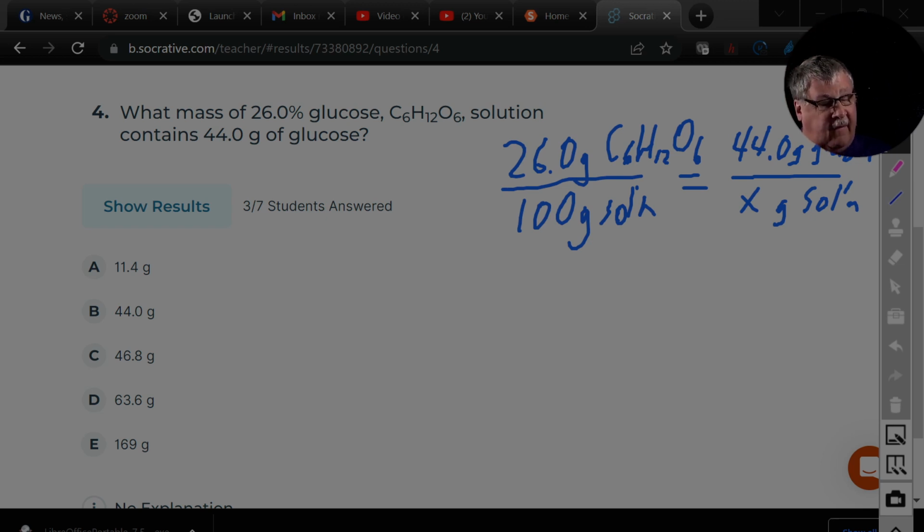I need 100 grams of solution to deliver 26 grams of glucose. That means I need more than 100 grams of solution to deliver 44 grams of glucose. Look at your answers. I don't have to do anything more other than that, because that one's less, that one's less, that one's less, and that one's less. Leads you to the right answer.